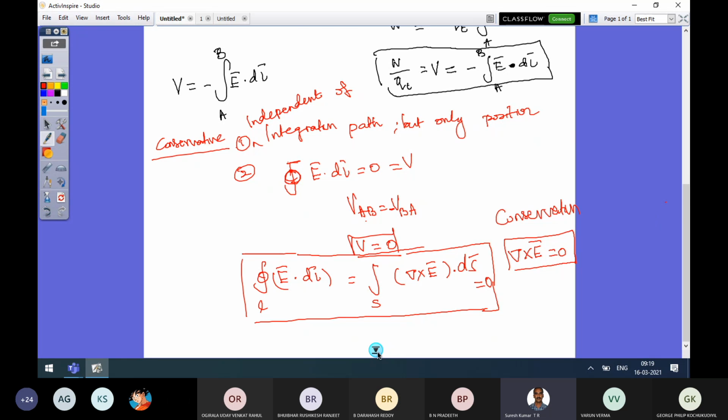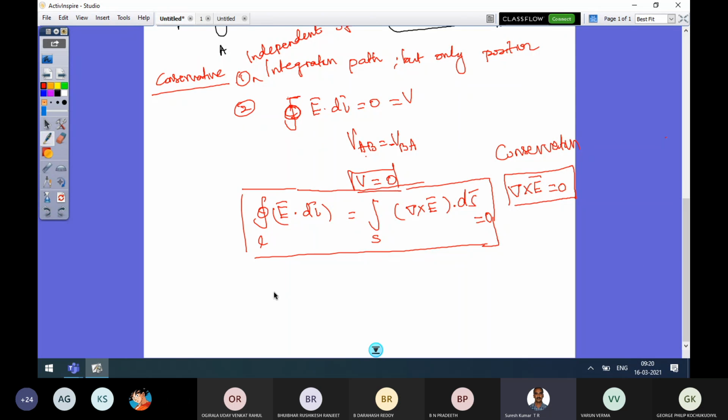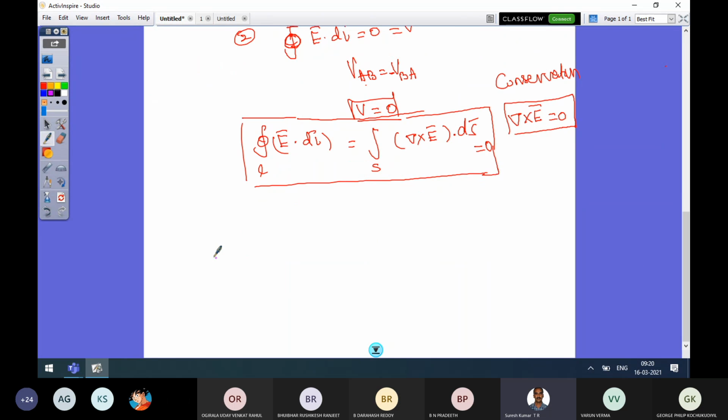So from this, you can prove that the electrostatic, static electric field is a conservative field. It's very important: don't blindly write electric field, write static electric field. Then the condition is going to change for the dynamic case. For the static case only, we have proved that it's conservative.